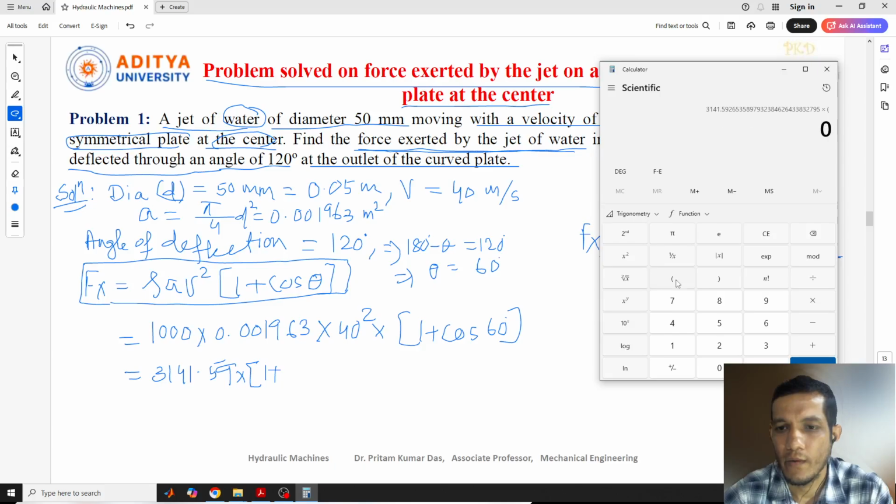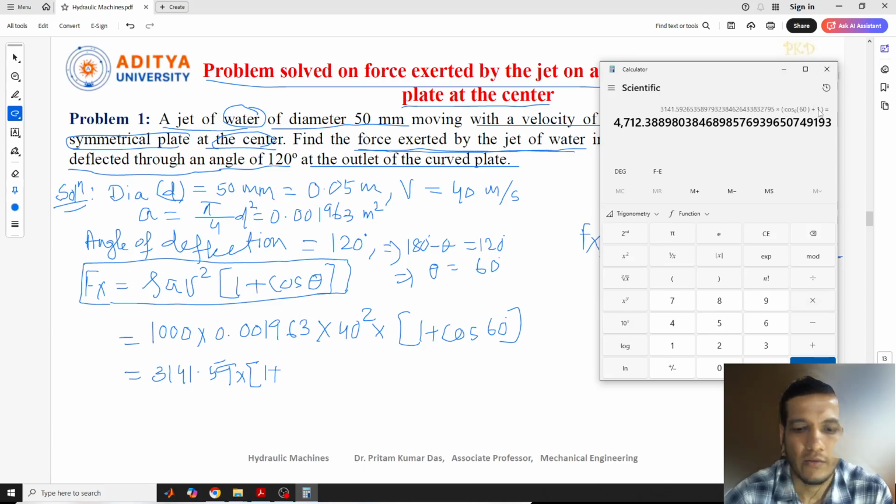First we'll go for the trigonometric value of cos 60, plus 1, into this. So directly we got this value, 4712.38 something. So no need to put the value again here. This is the final answer.